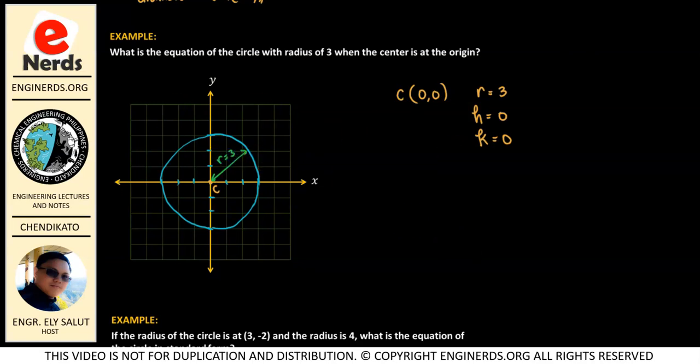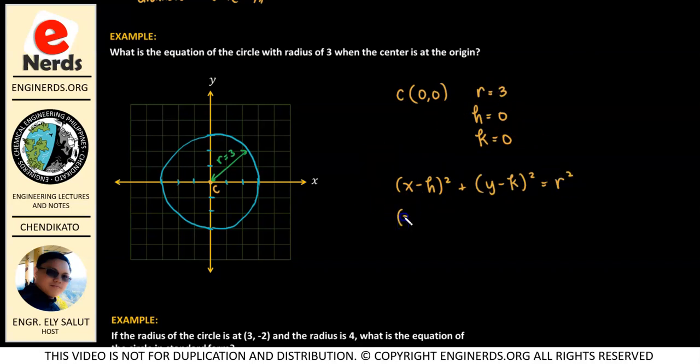Now, we're going to solve for the equation. So, sabi natin, ang ating standard form for the circle is x minus h squared plus y minus k squared is equal to radius squared. So, meron naman na tayong mga value ng ating variables here. Our h is 0, our k is 0, and our r is equal to 3.